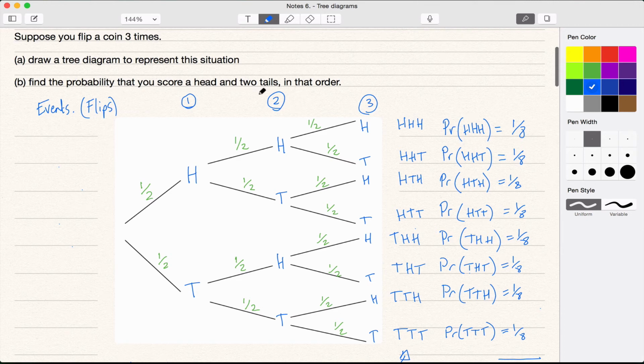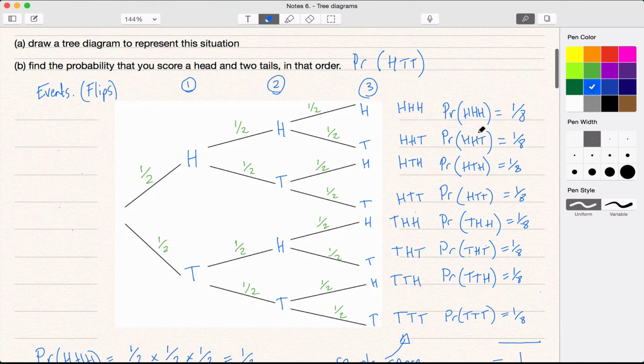Question B, find the probability that you score a head and 2 tails in that order. So it's HTT. Look down this list. HTT, there we go, and it's 1/8. So we can read it straight off our tree diagram.